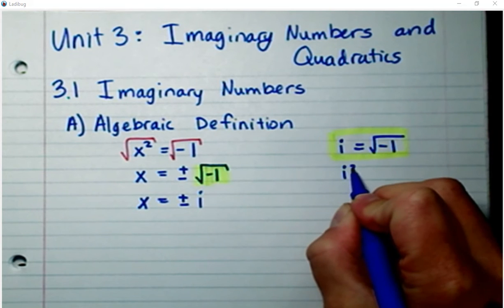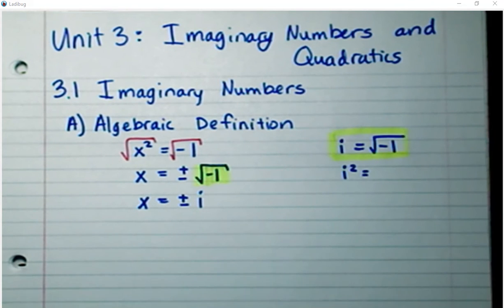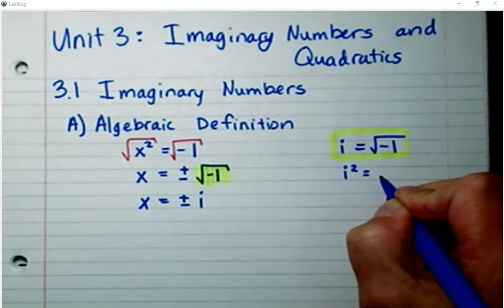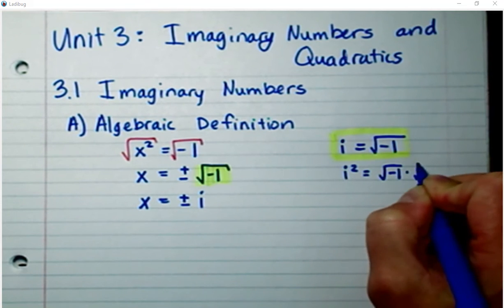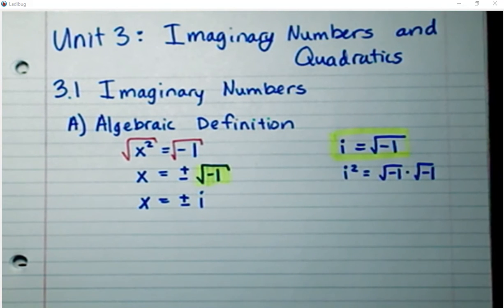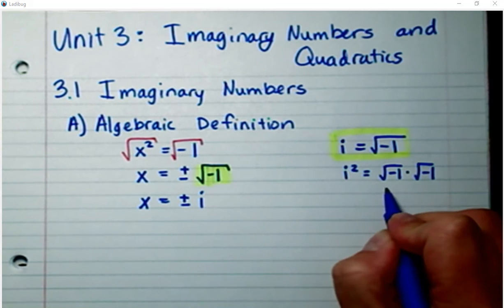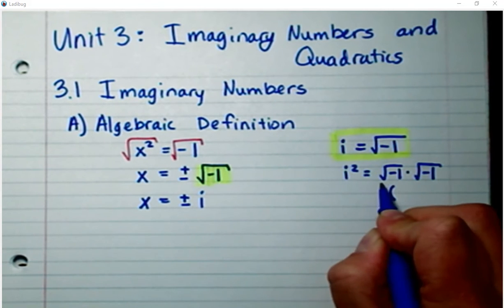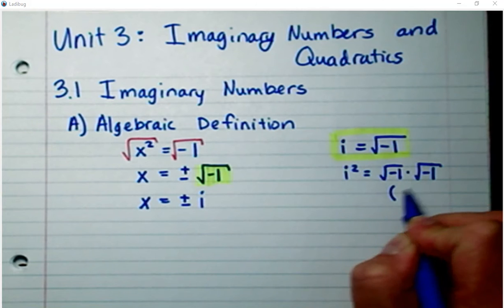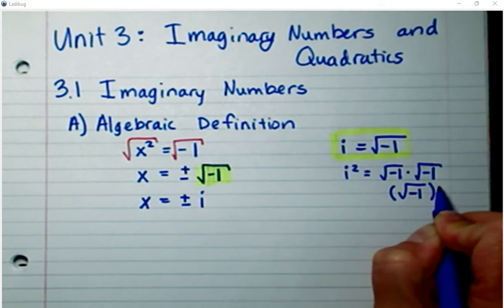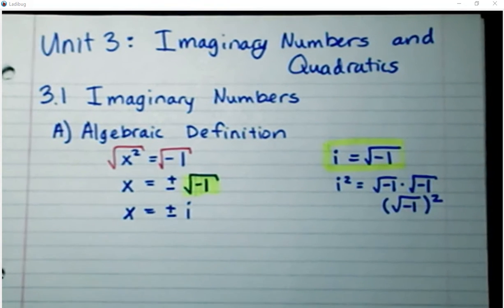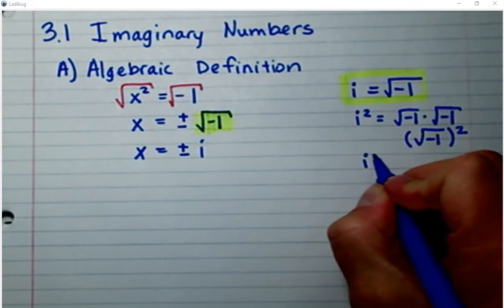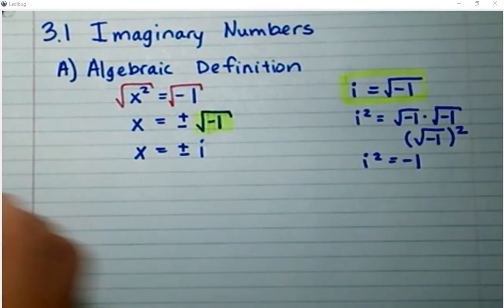I would like to find what i squared equals. Okay, i squared is, yes, right? It's kind of like this, where you multiply the same thing twice. i squared equals root -1 times root -1, which is kind of like this, but the root and the square kind of cancel each other out, and so we end up with i squared equals -1.